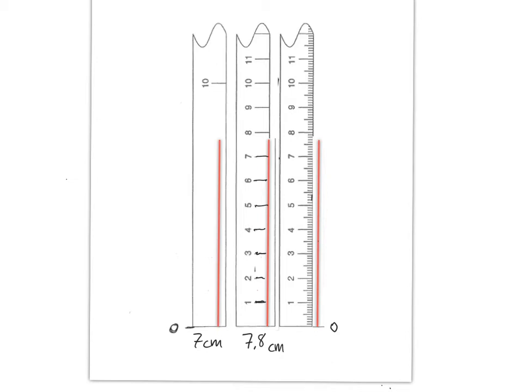We know that it's somewhere between 7.7 and 7.8. So now we can make an estimation to the hundredth of a centimeter. Now we're going to make an estimation there, and I might say that that looks to me like 7.71.